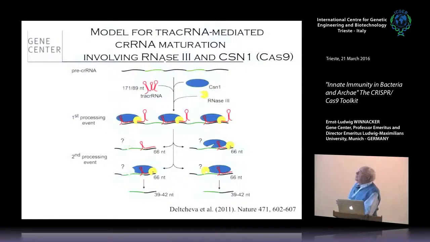As I said before, this is the CRISPR RNA, which has this long protospacer, spacer, and so on. And in order to digest it into small pieces, you need the other RNA.